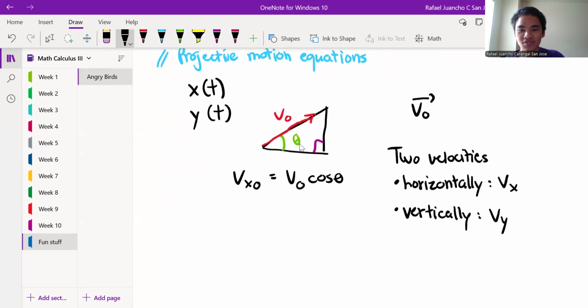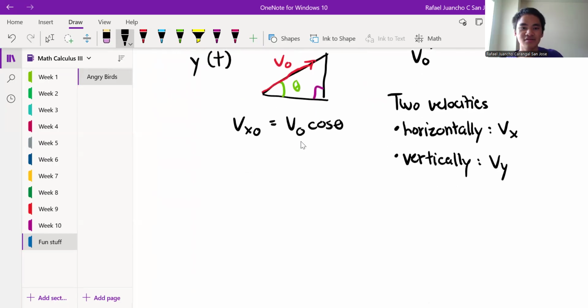Now, what's cosine of theta? Cosine of theta is this side divided by this side. So this is our Vx naught, our initial velocity that's going right.